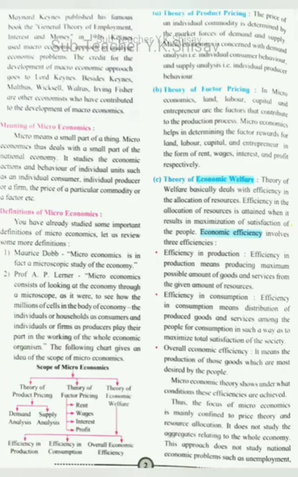Then, third one, theory of economic welfare. Theory of welfare basically deals with efficiency in the allocation of resources. Efficiency in the allocation of resources is attained when it results in maximization of satisfaction of the people. Economic efficiency involves three efficiencies. First, efficiency in production.